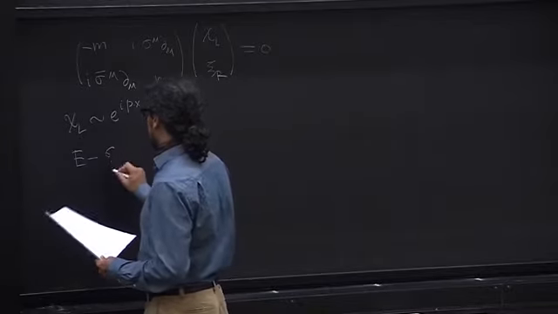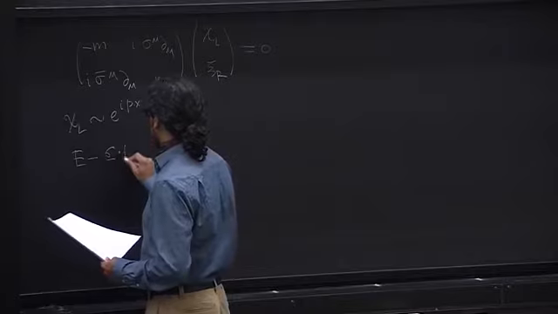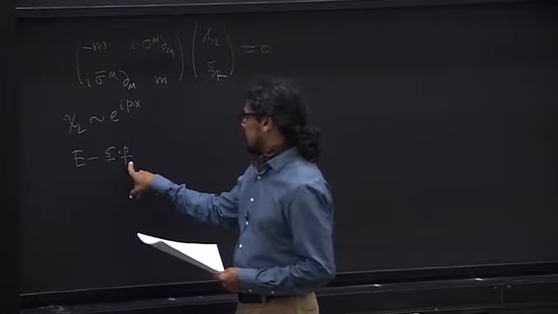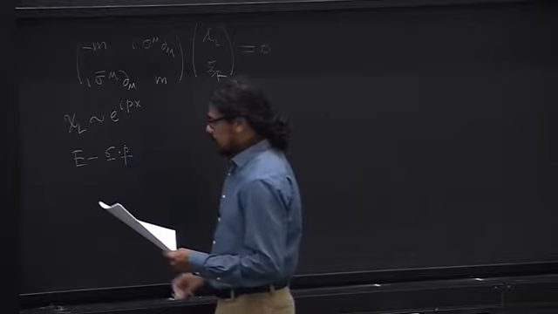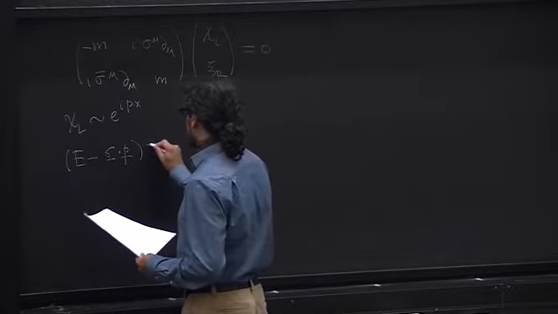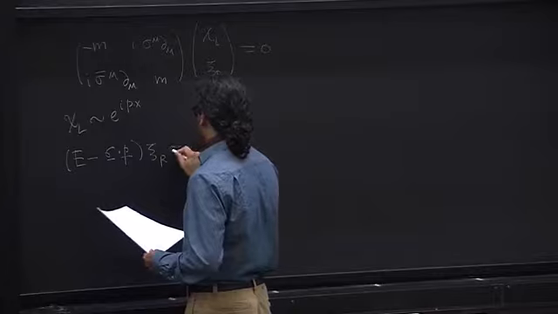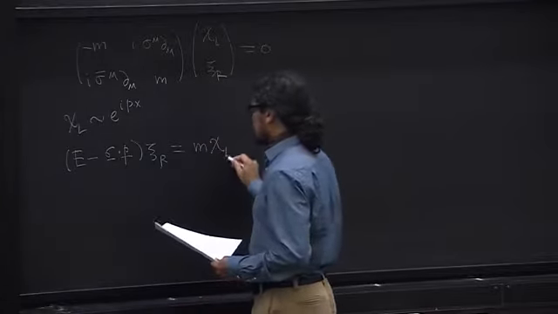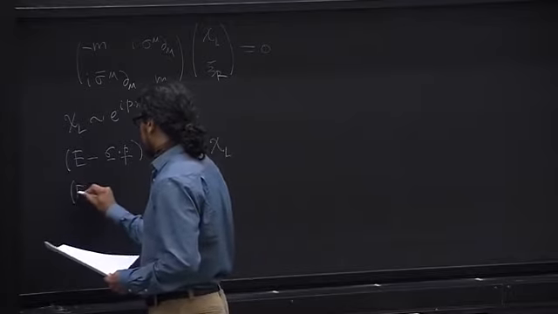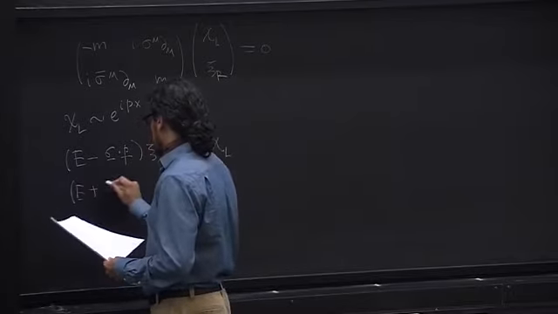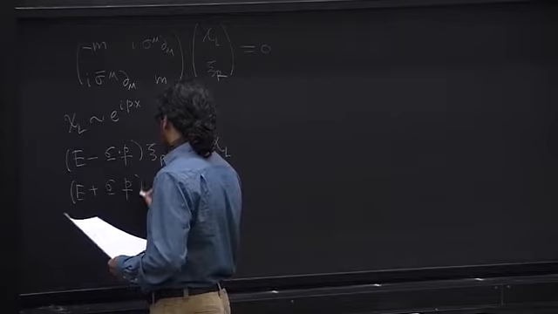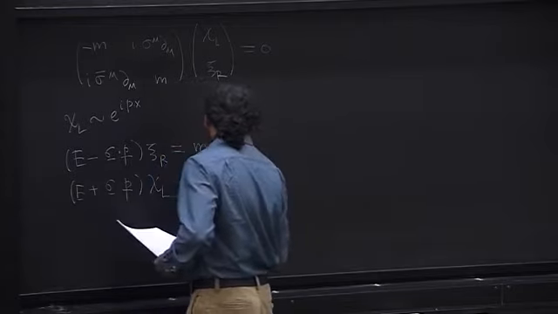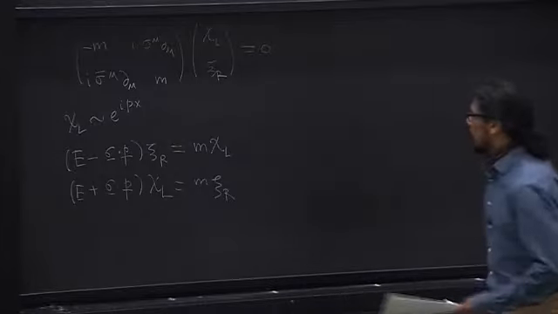It becomes two equations. This is the three momentum vector p dotted with the Pauli matrices acting on psi R, equals m times chi L, and so on.